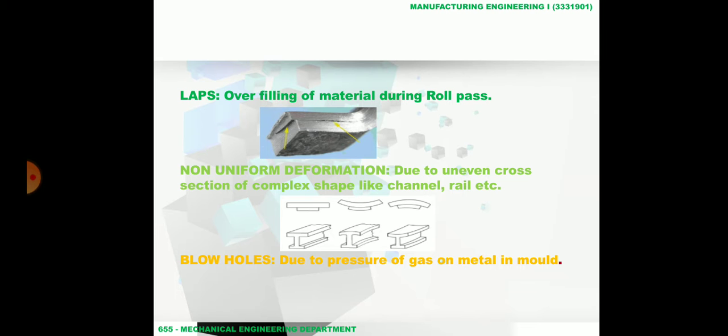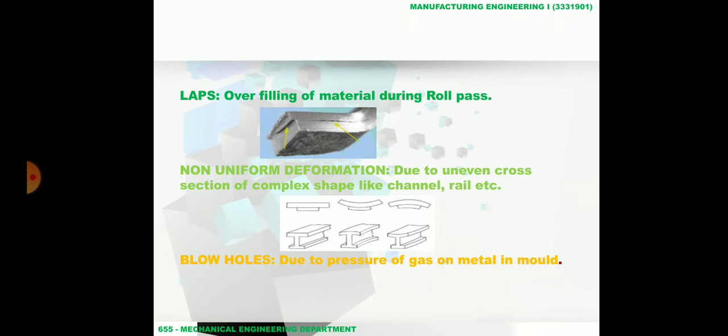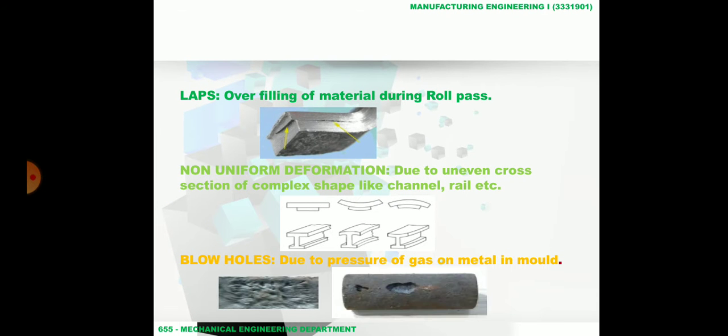When this moisture comes in contact with hot metal, it forms bubbles, and if there is a greater chance of them getting outside from that material, they produce blowholes in that material. As shown in different materials, there will be holes.